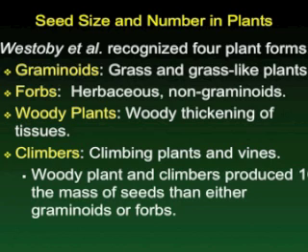On the other hand, in wooded areas, the trees and those vines that climb on the trees produce large seeds and much fewer of them because the environment that they drop into is a much more stable environment.